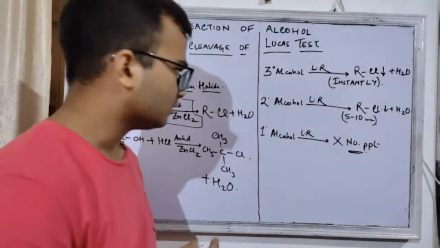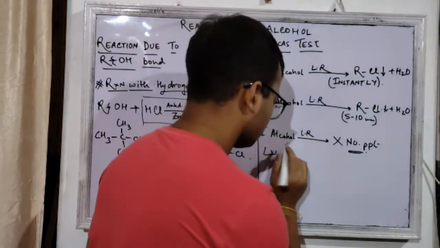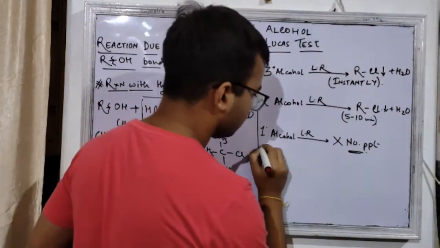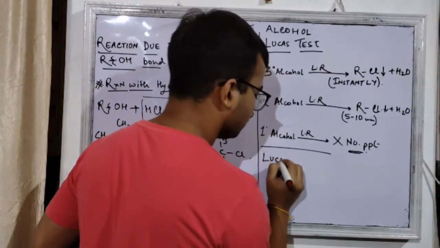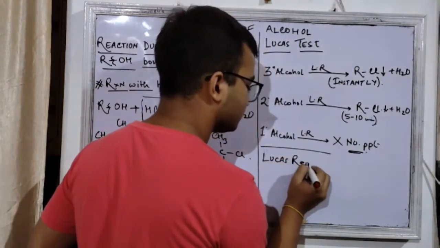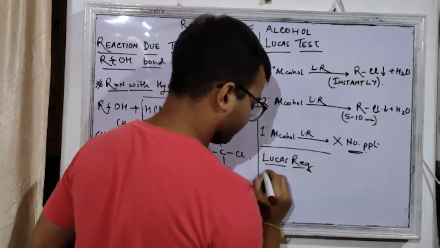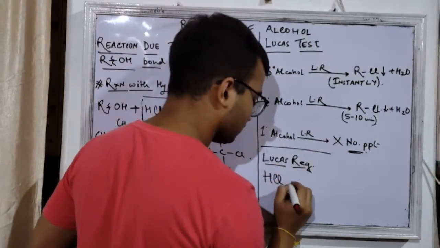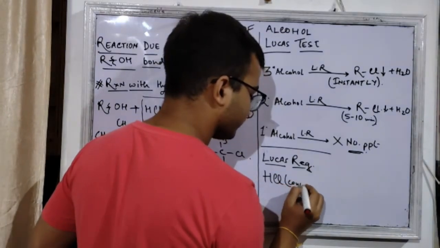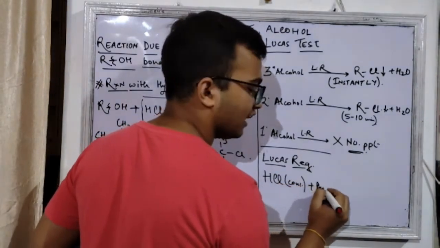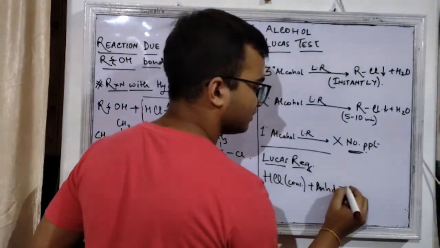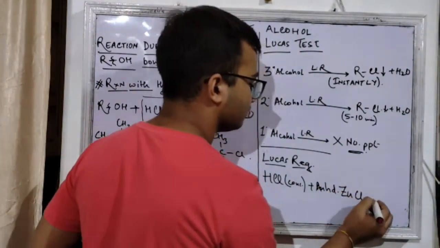So this can be used as a methodology for the identification of the type of alcohol. What is Lucas reagent? Writing here, what is Lucas reagent? Lucas reagent is concentrated HCl, hydrochloric acid, along with which we take anhydrous ZnCl2.